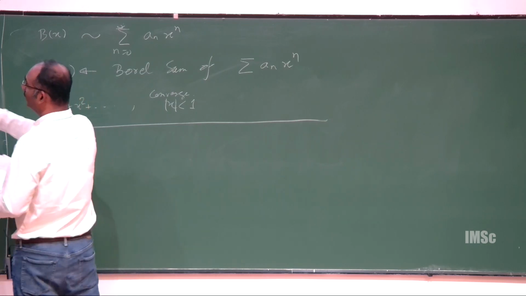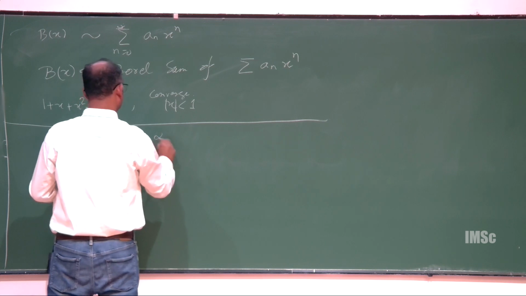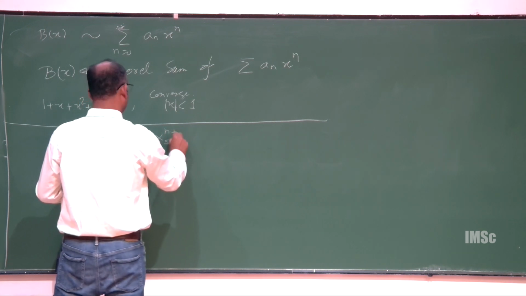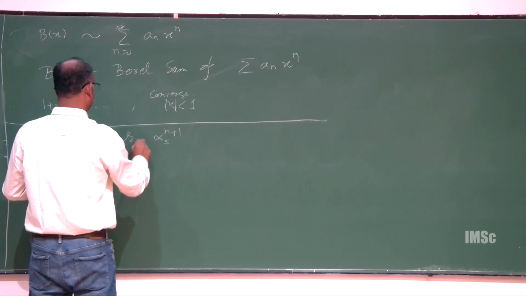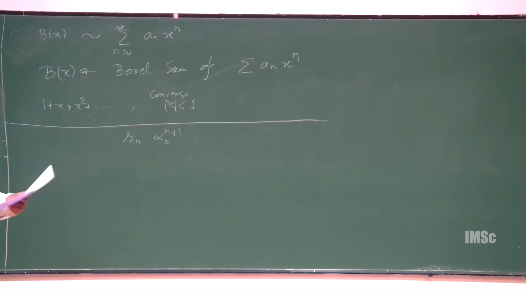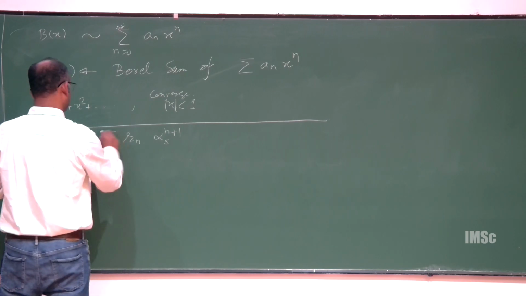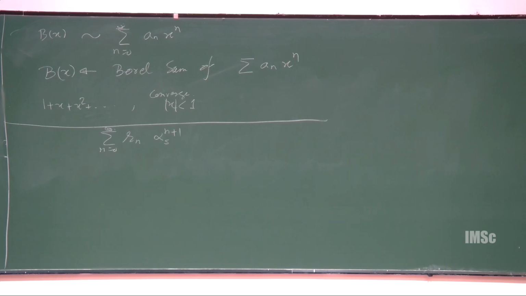Instead of using a_n x to the n, I will have alpha_s to the n plus 1. Sorry for again changing notation, I copied from different places. And this doesn't affect anything. You can have alpha_s to the n plus 1 instead of x to the n, and that will still be fine.